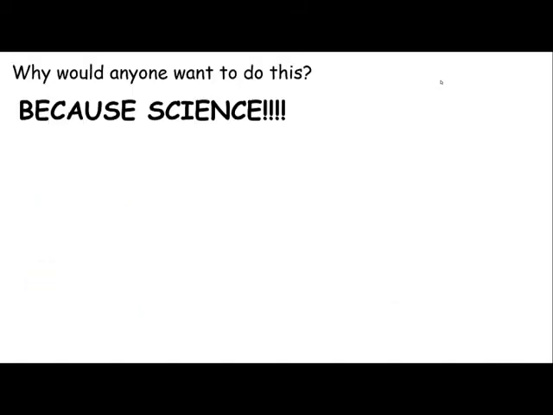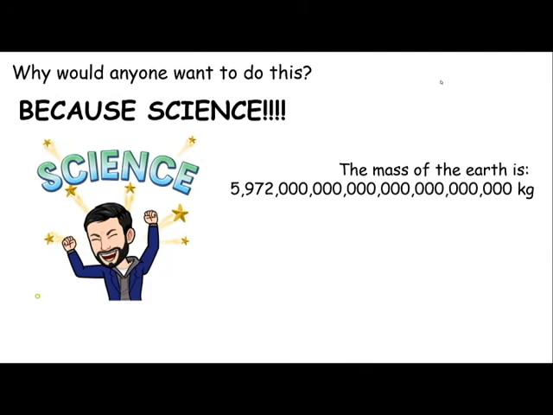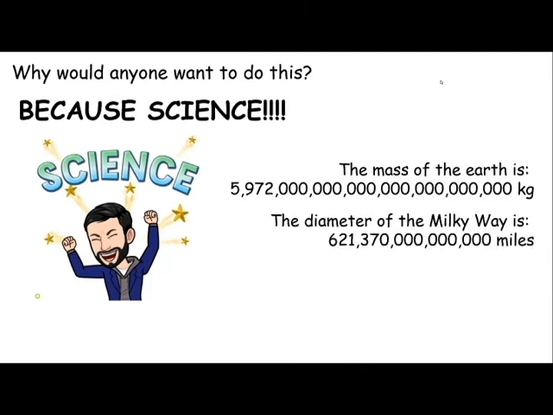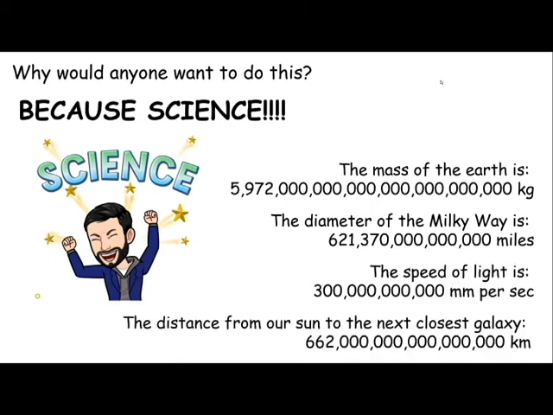Just to be clear, the reason we talk about scientific notation is because of science, hence the name. In science, we deal with very, very large numbers like the mass of the Earth, or the diameter of a galaxy, or the speed of something that's very, very fast, like the speed of light, or the distance between galaxies. When we deal with numbers that large, we have a tendency to run into a lot of zeros that occupy a lot of space and a lot of time and can confuse the calculations.